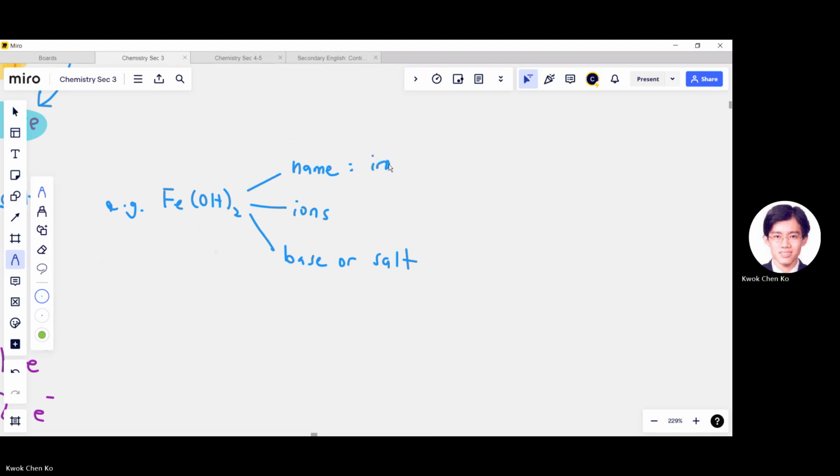Yes, but as I said, try not to forget the 2. So make sure, obviously, spelling must be correct. Iron 2 hydroxide. What are the ions, Singing? OH. Okay, good. Base or salt? Look carefully. Yes, take note, this is a base because it's a hydroxide.